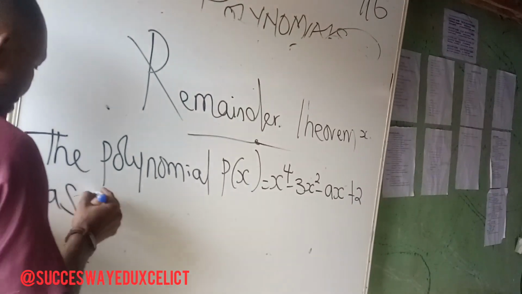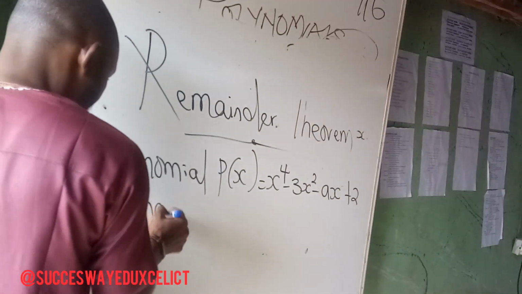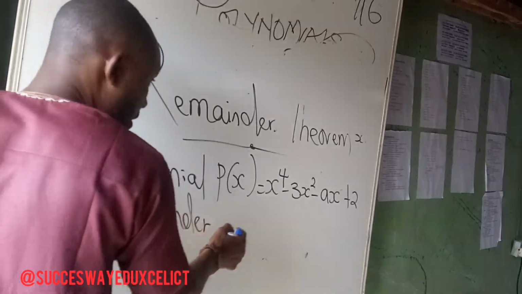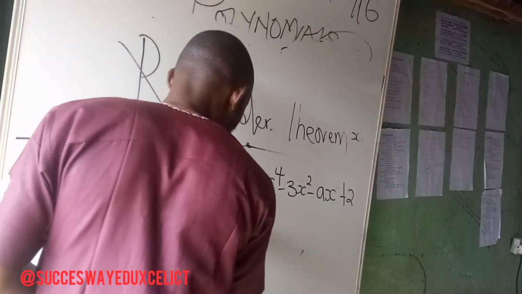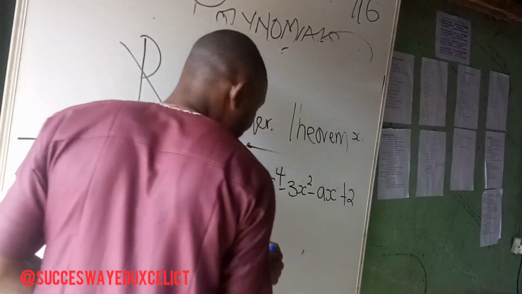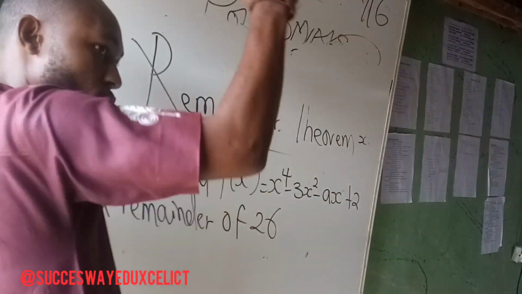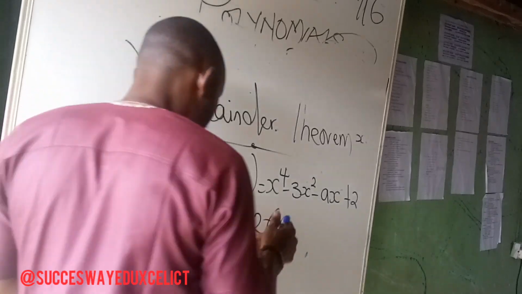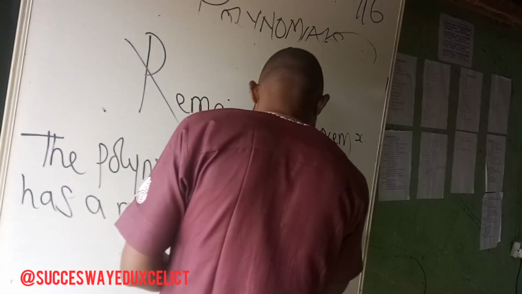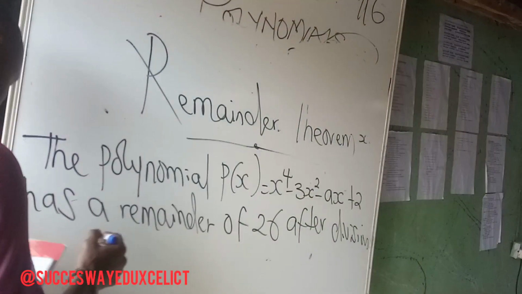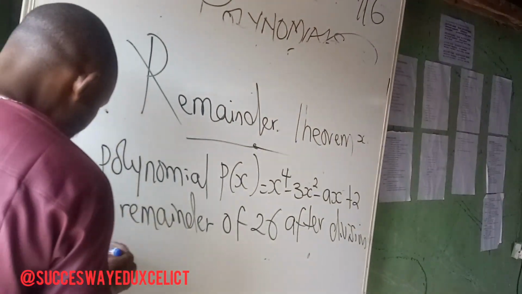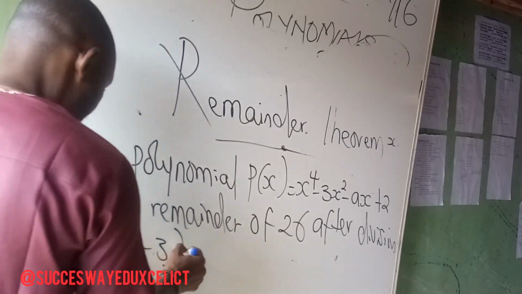It has a remainder of 26 after division by x minus 3.